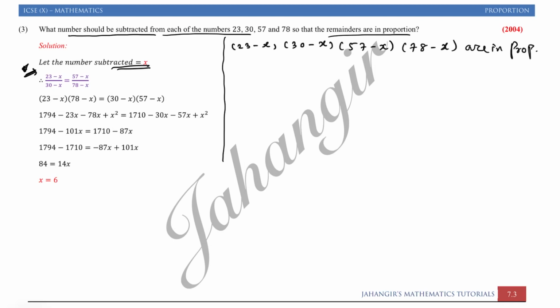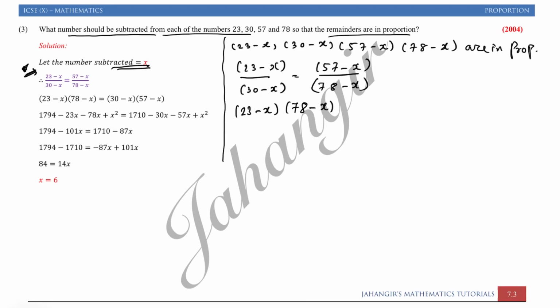Now once we say A, B, C, D are in proportion, we can write A upon B is equal to C upon D. Here I can write 23 minus x upon 30 minus x is equal to 57 minus x upon 78 minus x. Now cross multiply: 23 minus x into 78 minus x is equal to 30 minus x into 57 minus x.